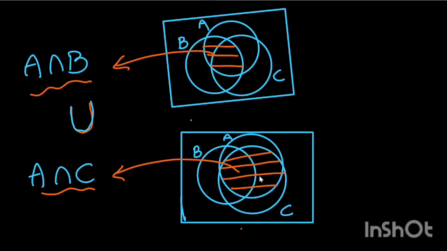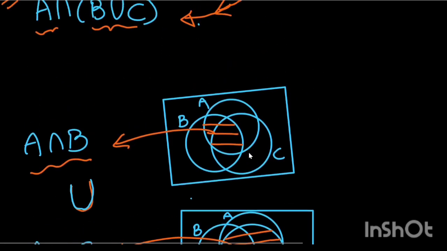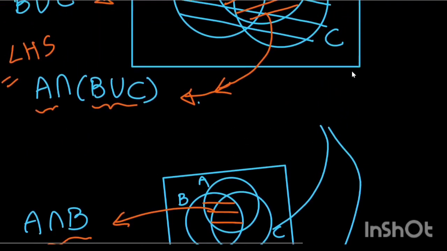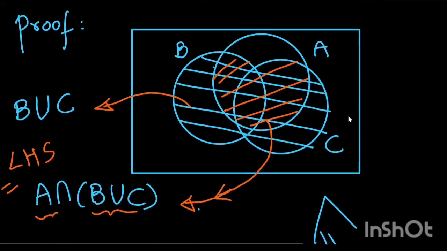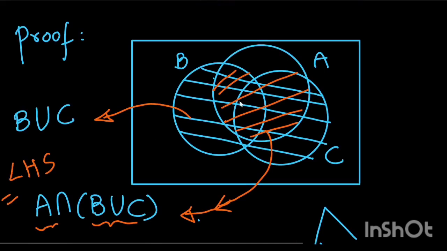And this region is not here, but it is here, so this will also come. So in short, from these two we can say that it is nothing but this only. So that way we can say that it is the same, it is proved.